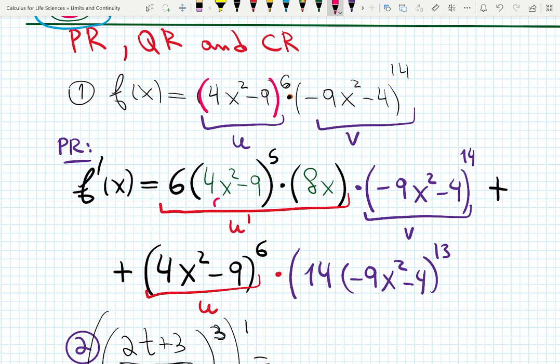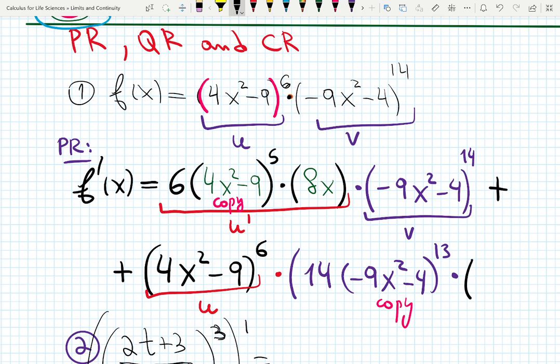So let me repeat it again. Copy here, copy here. Outside derivative first, copy the inside part because you cannot touch it yet. Now chain rule says, please don't stop. I see there's a function inside. You're like, yeah, I noticed it before. I can see it's a polynomial, minus 9x squared minus 4.